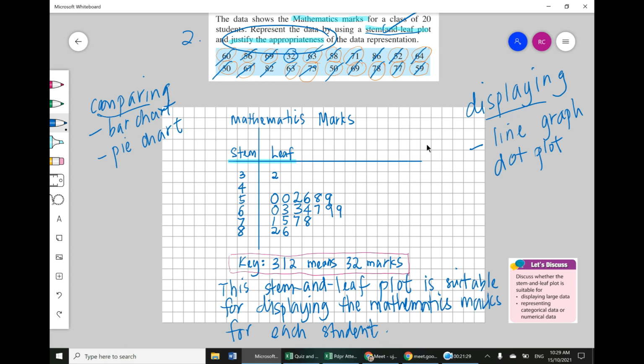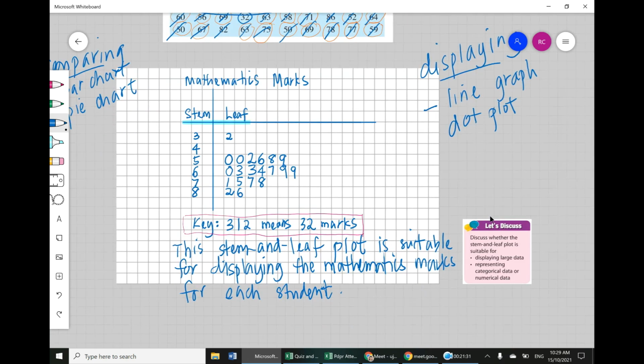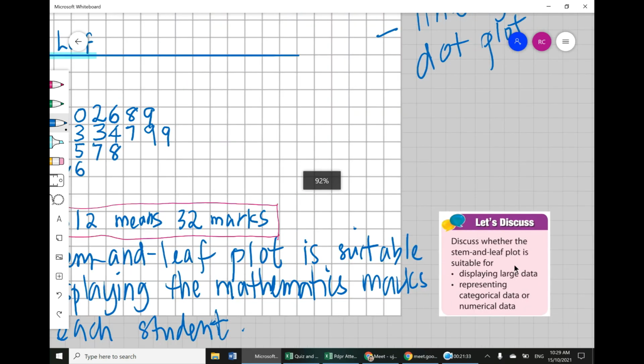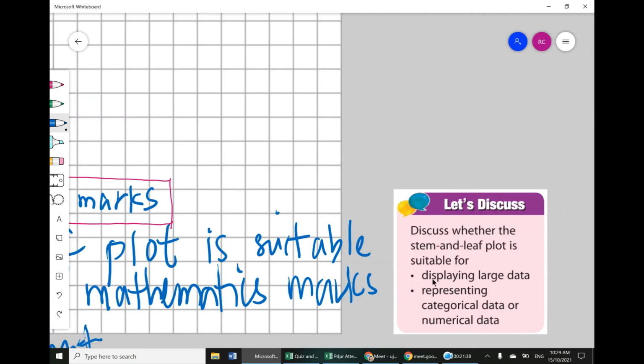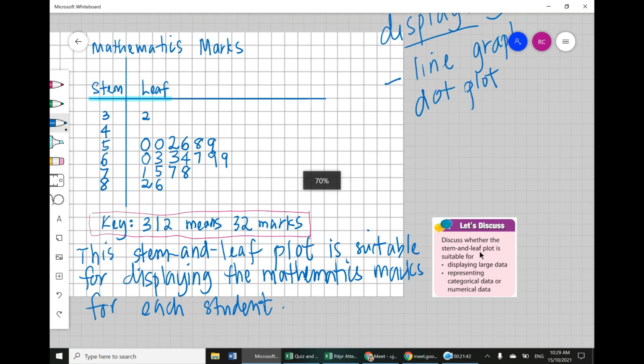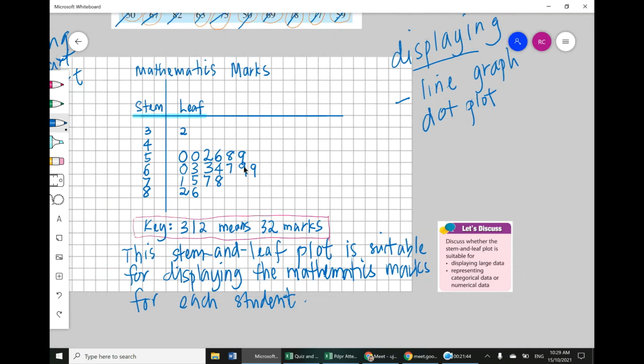So now we are going to discuss whether the stem and leaf plot is suitable for displaying large data first. Suitable or not? If you have a lot of data, for example 200 data, can or not? Still can, right? But when the data is very big, 1,000 data, suitable or not?